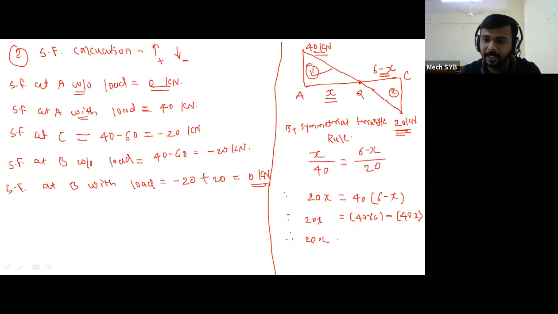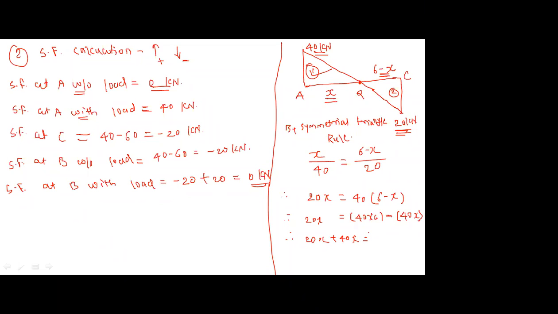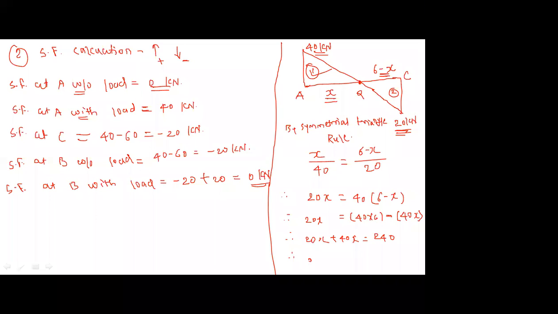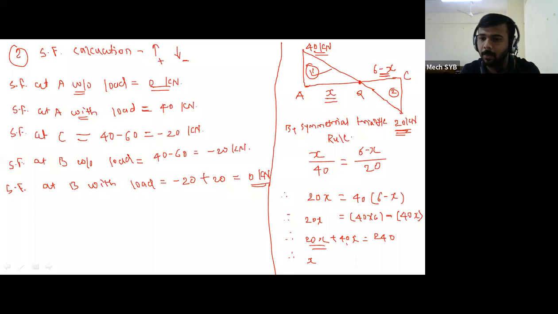If I take that value to the left side, it becomes 20x plus 40x, and 40 into 6 is 240. Take x common from the left side: 20 plus 40 it becomes 60x, which is equal to 240.